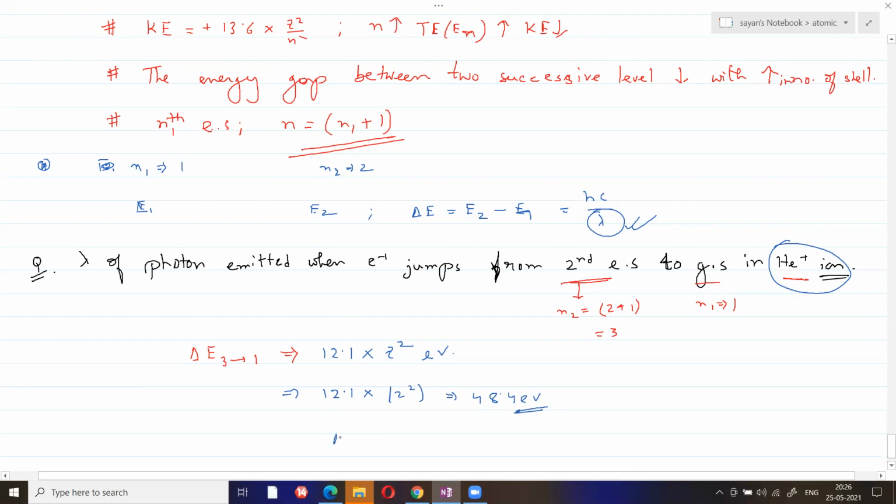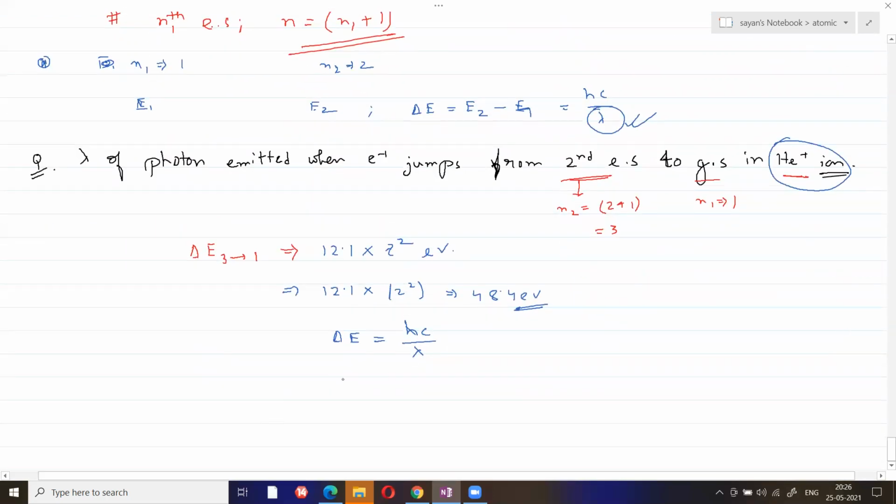Now del E equals hc by lambda, so you have to find lambda equals hc by del E. The h value is 6.6 into 10 to the power minus 34. C is 3 into 10 to the power 8 meter per second. The del E value is given, 48.4 electron volt, and when electron volt is converted to joule, multiply by 1.6 into 10 to the power minus 19.